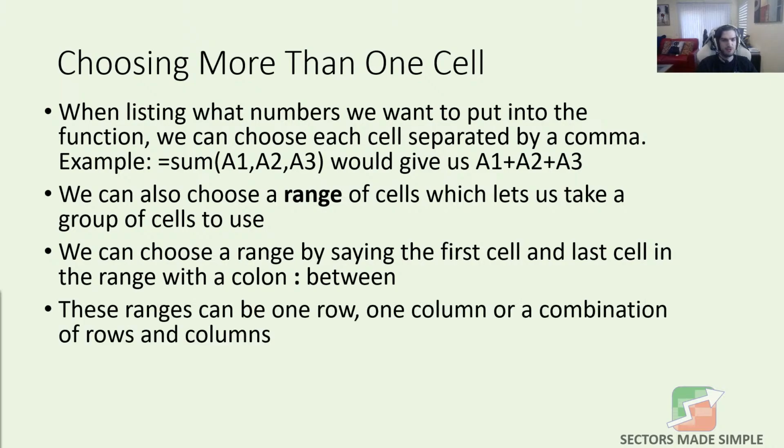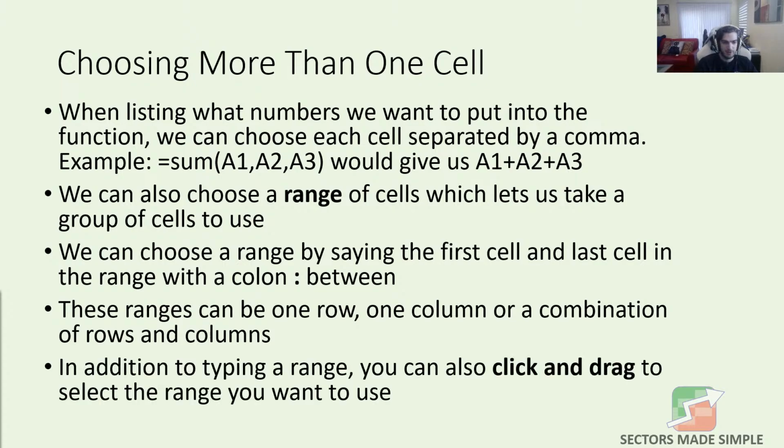These ranges can be a row, a column, or both. So in addition to typing a range, you can click and drag, as you saw me do on the homework, so that you don't need to type them all out. You can just literally click, drag down to where you want to go.